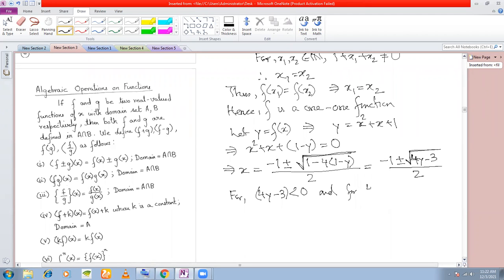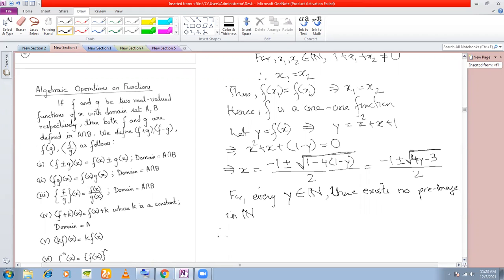In fact, why write 4y minus 3 less than 0? For every y belongs to the set of natural numbers, there exists no pre-image in the set of natural numbers, right?